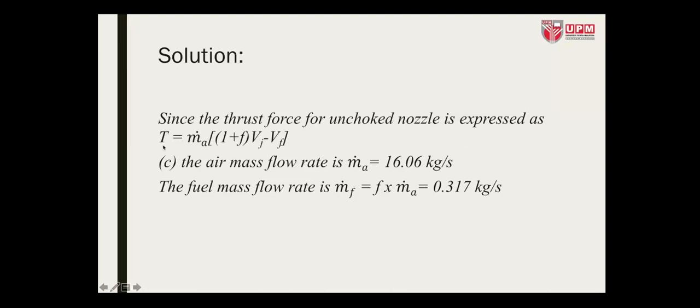This symbol should be F, not T. I'm very sorry, I will correct it when I put down the notes later on. You get the mass flow rate for the air as 16.06 kilogram per second. And the fuel mass flow rate, denoted by mF, you will get to be 0.317 kilogram per second.